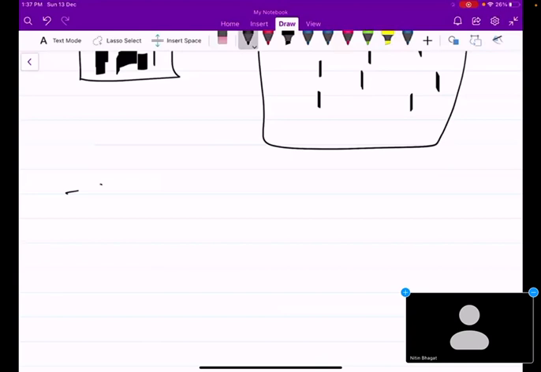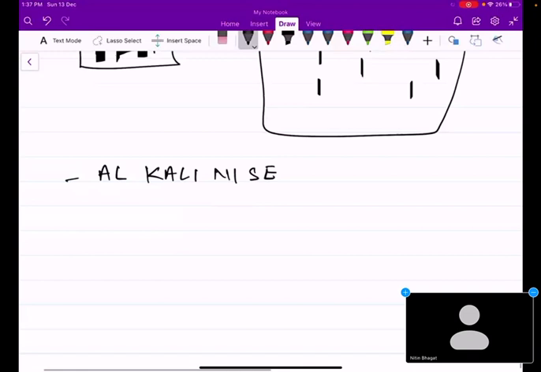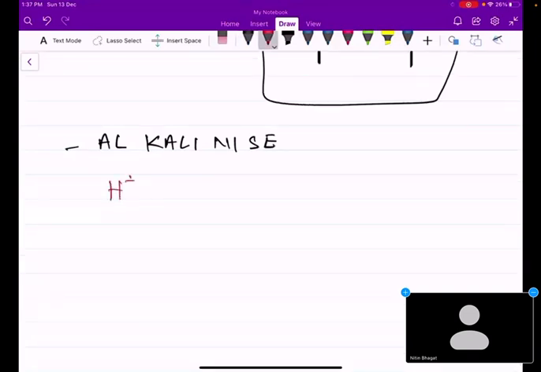Now, why do we alkalinize the urine? Normal urine is acidic. That means H positive ions. Now, the proteins, they have negative charge. So they will attract each other.